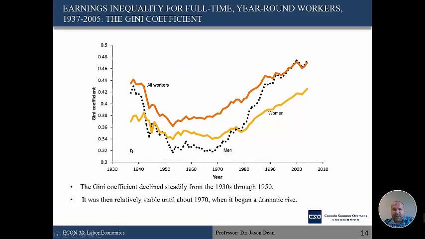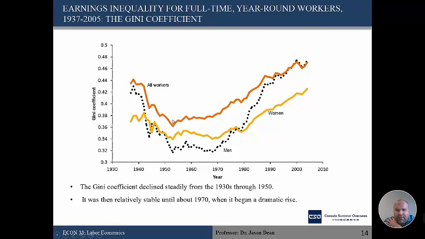So let's look at some data. So this is from roughly mid-1930s to 2005, and this is the Gini coefficient. And so we see that if we look at all workers, the Gini coefficient was quite high, so it was measuring a lot of inequality.